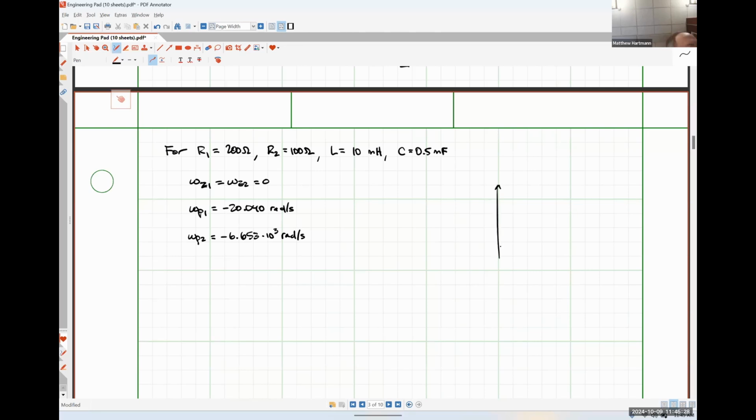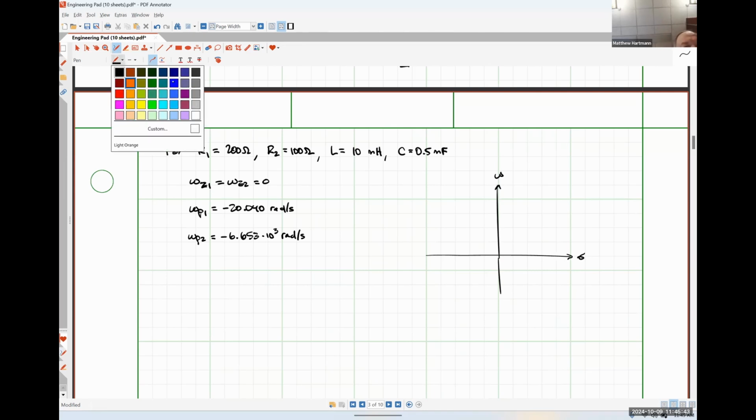So we would have a pole zero constellation. This is our S plane, where this is the omega axis, and this is the sigma axis. We would have, let me do the zeros in blue, 2 zeros at the origin. They're stacked on top of each other, so we can't see the other one, but that's how we would represent a 0 on our pole zero constellation.